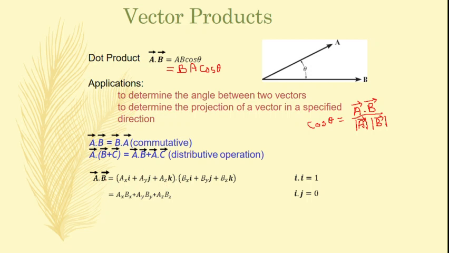And for the b vector it is bxi plus byj plus bzk. Then after taking the dot product, it becomes ax into bx plus ay into by plus az into bz.